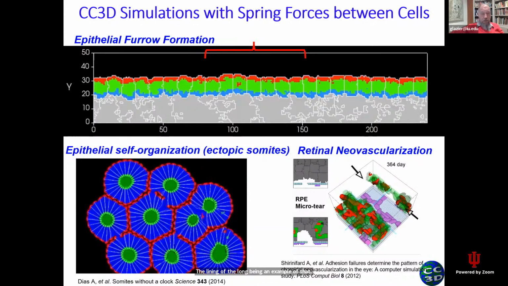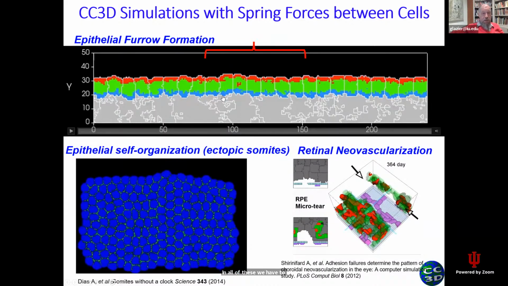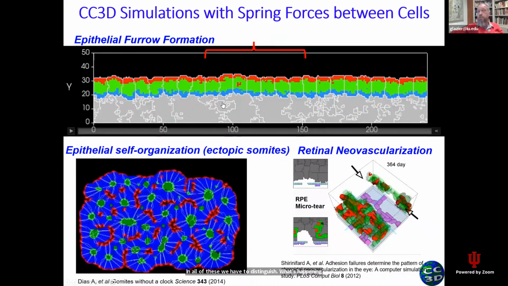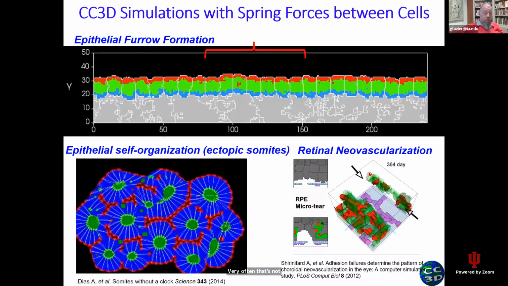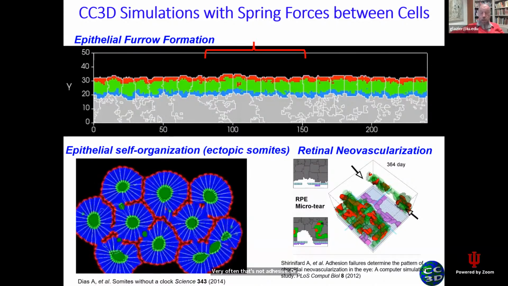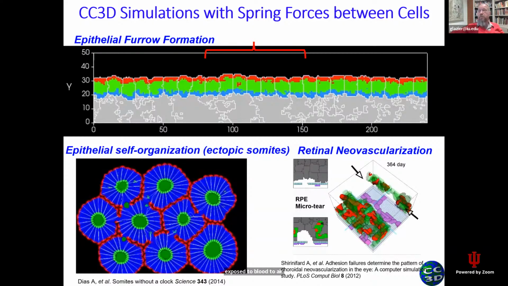In all of these, we have to distinguish what's happening at the top of the cells, what's called the apical surface of the cell. Very often that's not adhesive, or it's exposed, so it'll be exposed to blood, to air, to other fluids.